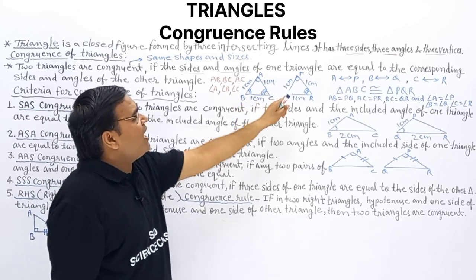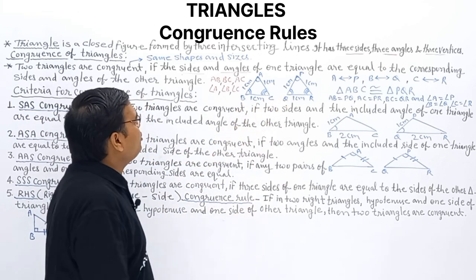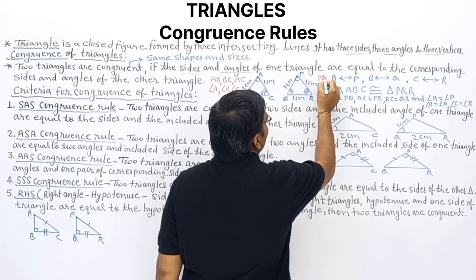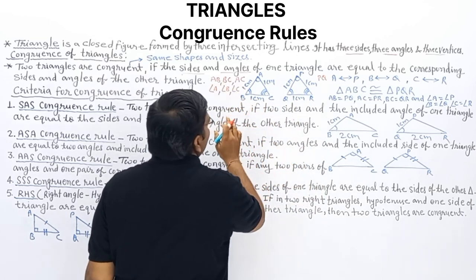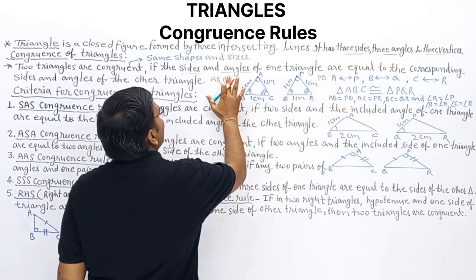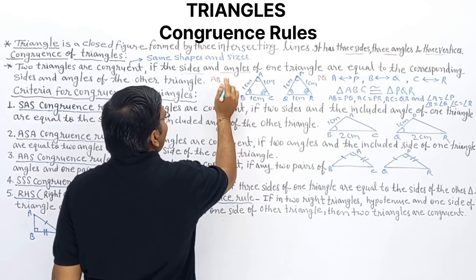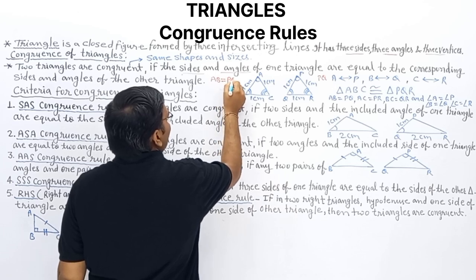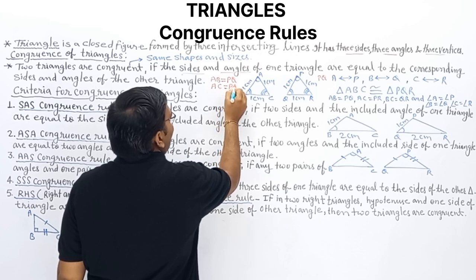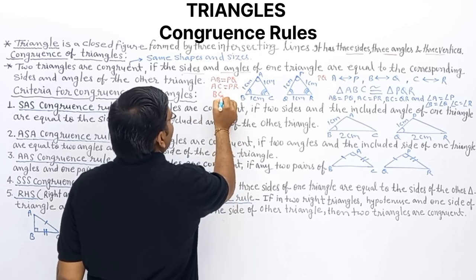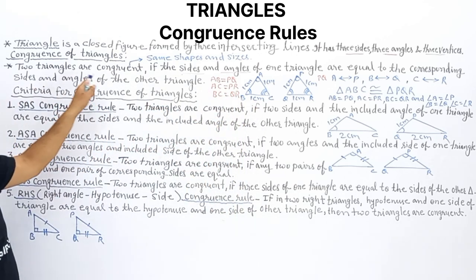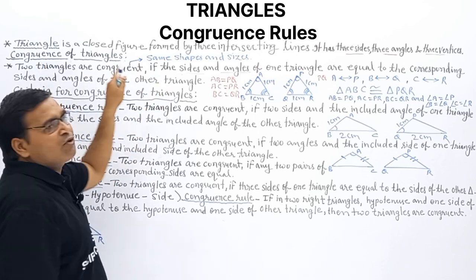These two triangles are congruent if AB is equal to PQ, AC equal to PR and BC equal to QR. Observe carefully. Two triangles are congruent. We are discussing the congruence of triangles.